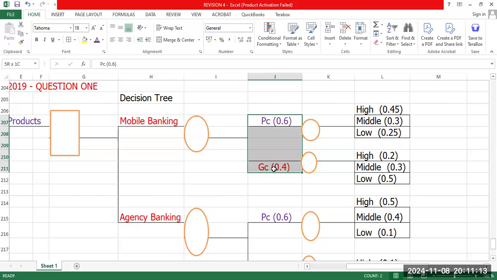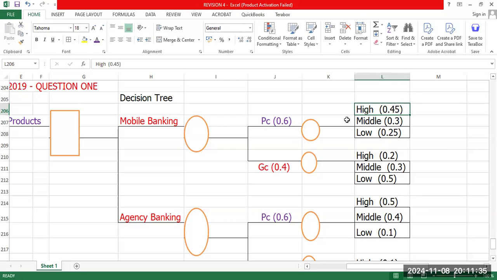But these customers have income levels. The fact that you're given a probability implies that that's your probability of finding that the customer is a platinum customer with low income or high income level.